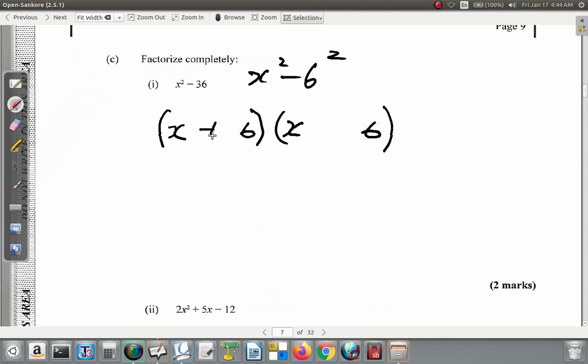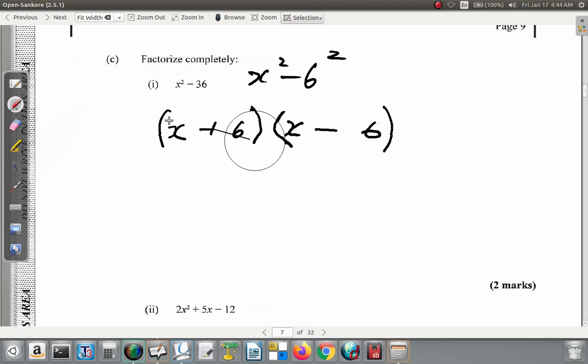And you have a plus and minus here. So it is x plus 6, x minus 6 that you get. Alright? X plus 6 in one bracket, x minus 6 in the other bracket.